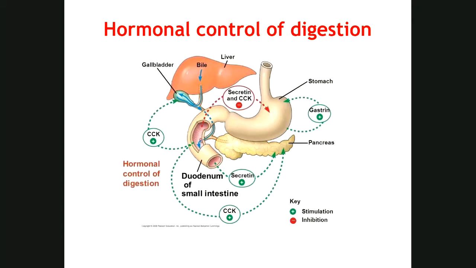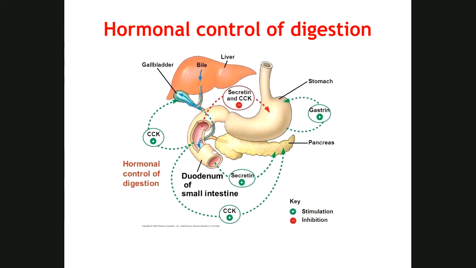So you can see here in the figure the demonstration of the functions of these hormones. You can see the gastrin released by the stomach, stimulating the stomach. You can see here secretin and cholecystokinin released by the small intestine, inhibiting the stomach, stimulating the gallbladder and liver. Cholecystokinin mainly stimulates the bile part of the gastrointestinal system, while secretin mainly stimulates the pancreas.